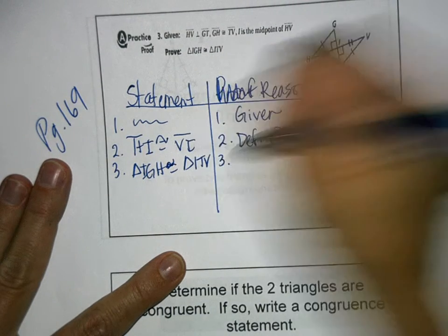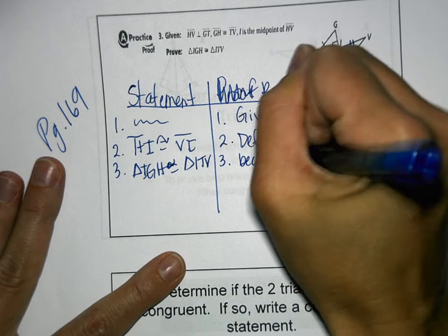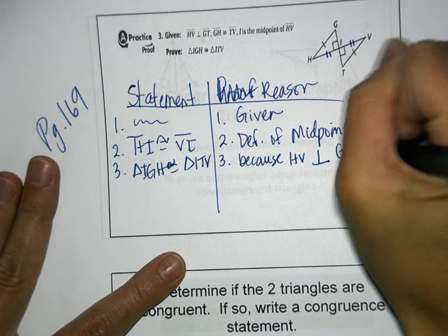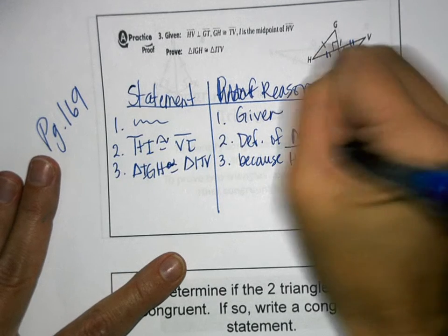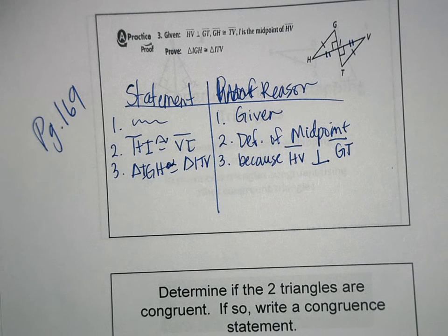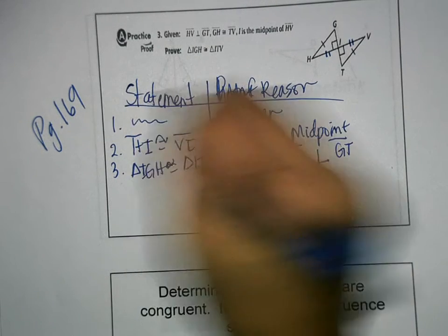And the reason why is because HV is perpendicular to GT. Okay, and perpendicular lines make right triangles. Oh, you know what I wanted to put is that these two angles are right.